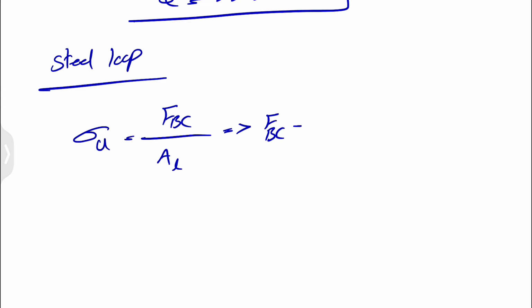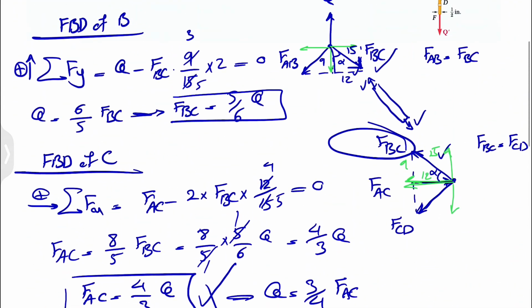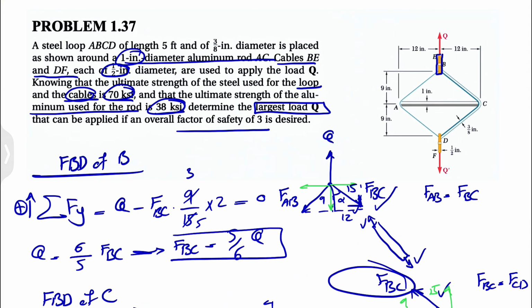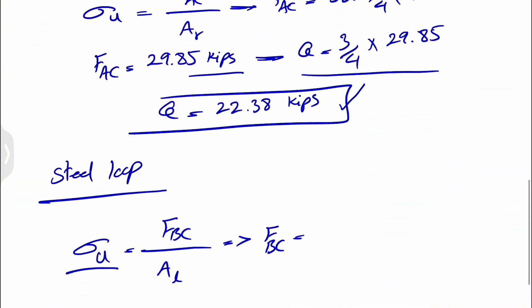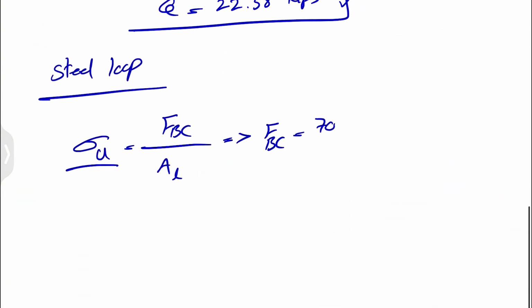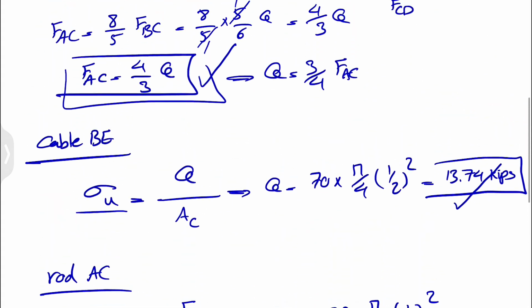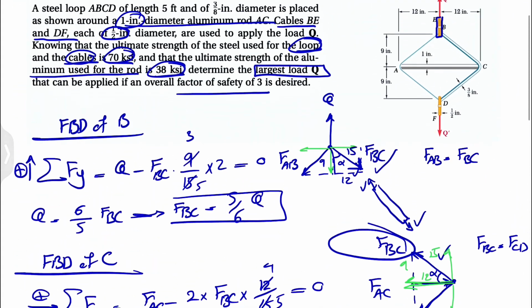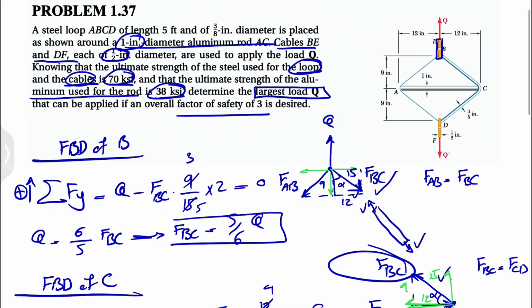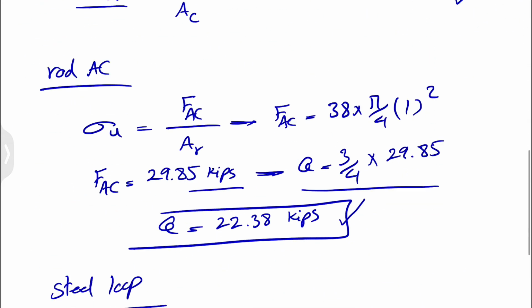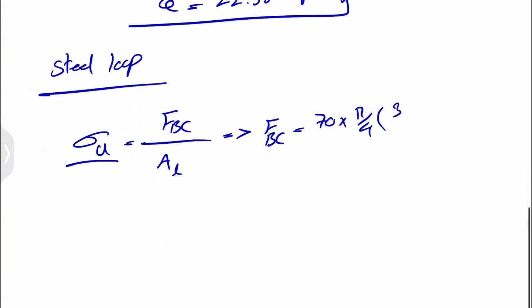So FBC in here is the ultimate strength for the loop and cable was the same. They're both, here's the loop, 70 KSI, so 70 times the area pi over 4, and the diameter of the loop is in the first line, 3/8. So 3/8 squared.